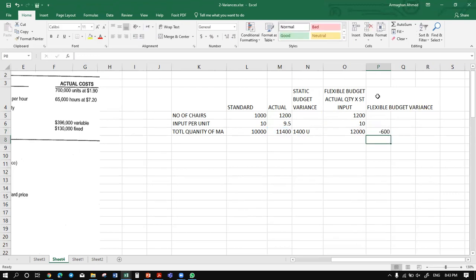So 600 is our flexible budget variance. Is it coming positive or negative? It is coming positive. You produce 12,000 minus 11,400, so 600 is the flexible budget variance.